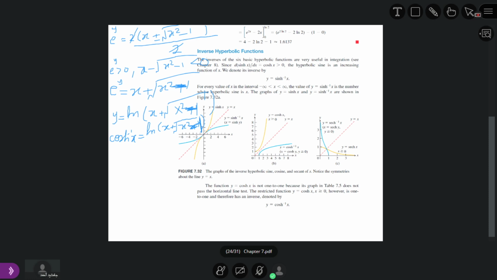This is a quadratic equation in terms of e power y, so we solve it by the quadratic formula. We have e power y equal to minus b plus or minus square root of b square minus 4ac, divided by 2a. In place of b we put minus 2x, in place of a we put 1, and in place of c we also put 1.